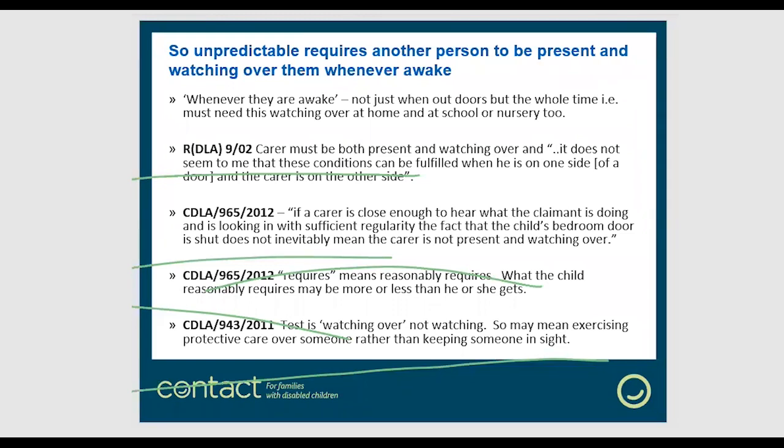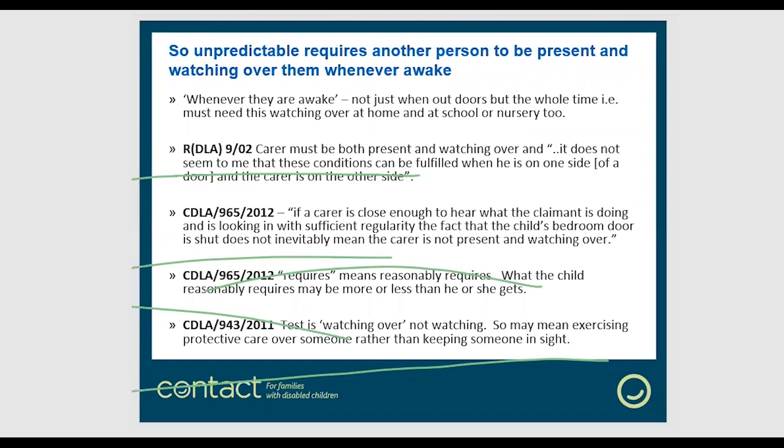In that decision, the judge also made the point that the test here is whether the child requires another person to be present and watching over. And what that means is, do they reasonably require that? So it's not the care or watching over that the child actually gets that's looked at, but what you can be said to need.